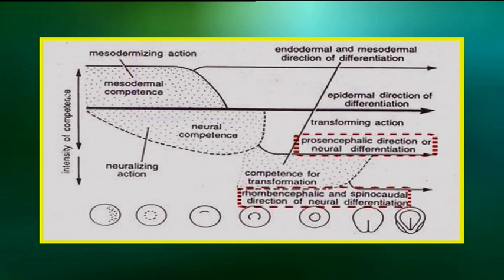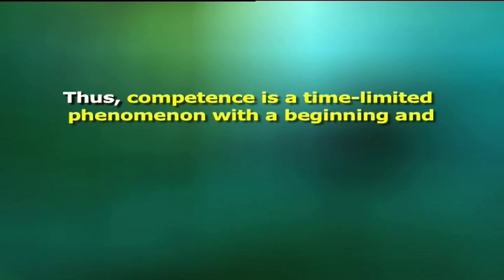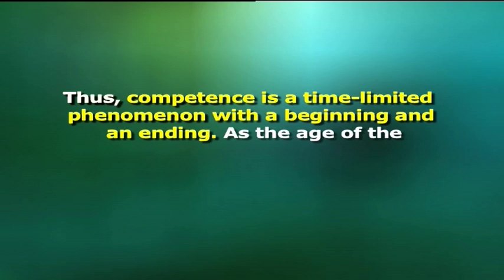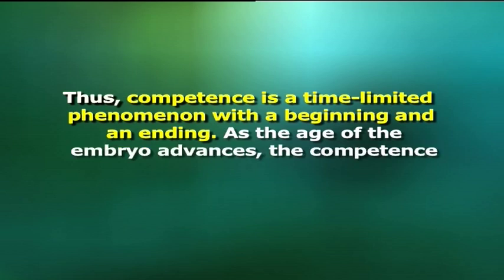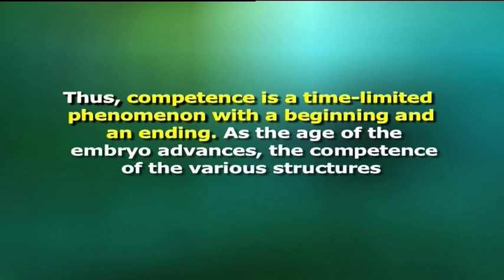It differentiates into lens, ear vesicle and nasal pits during the post-neurula stage of development. Thus, competence is a time-limited phenomenon with a beginning and an ending. As the age of the embryo advances, the competence of the various structures gradually reduces.